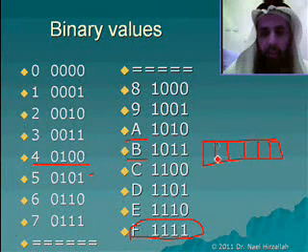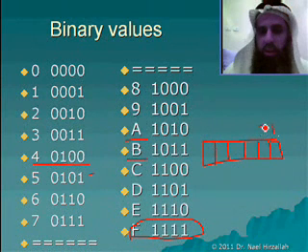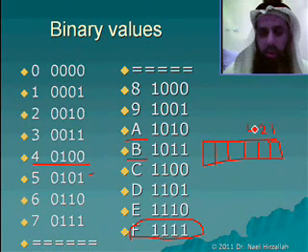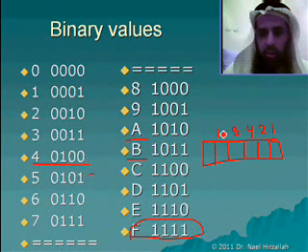Let's have the first digit as 1, the second is 2, the third is 4, the fourth is 8, and the fifth is 16, and so on, followed by 32.